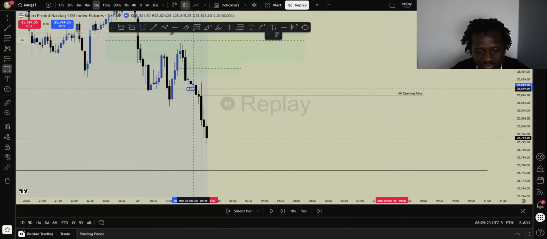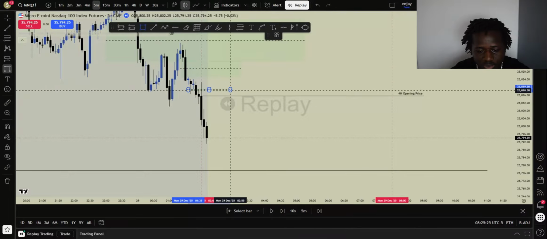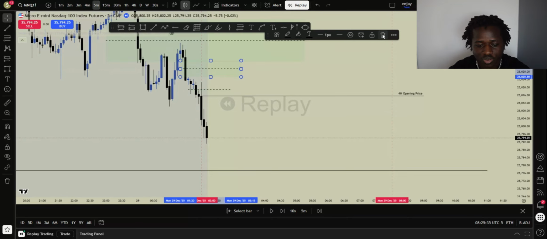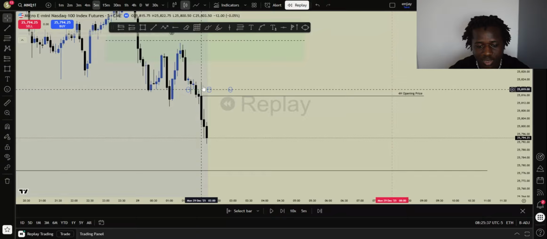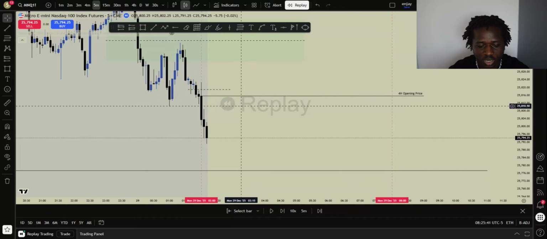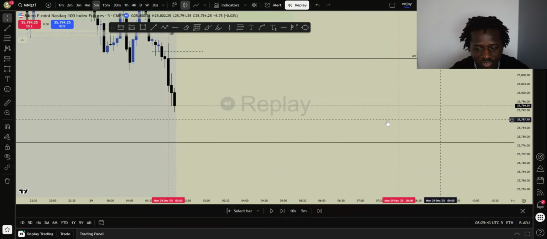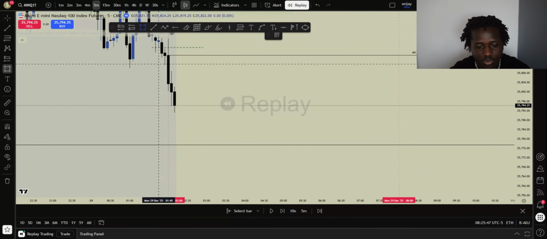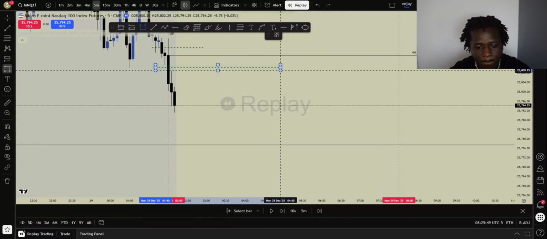If this gap gets tapped into, I would say we're not really bearish anymore, and we might be wrong on our trade idea. We've already tapped into this gap, and this was the first candle of the 4-hour open. Then we also have this 5-minute gap right here.